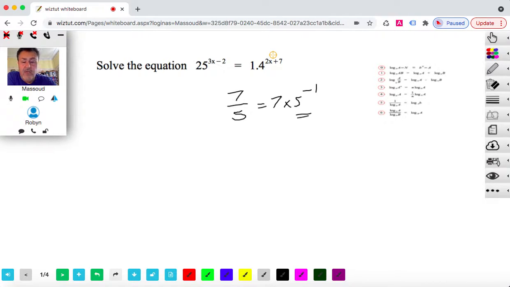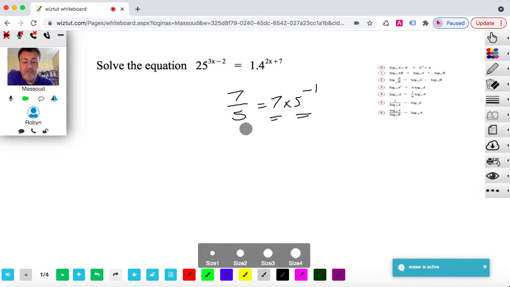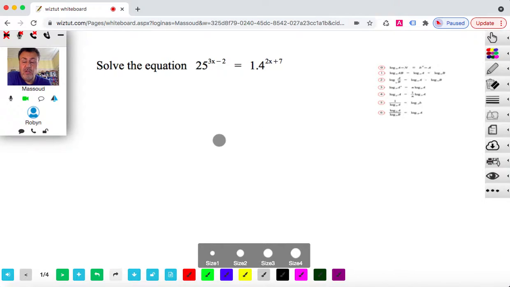So it does have an element of 5 in it, but it also has a 7 in it. And hence we can't make the two sides the same. So I'm going to use the log here. I'm just going to write log, which means log of base 10.